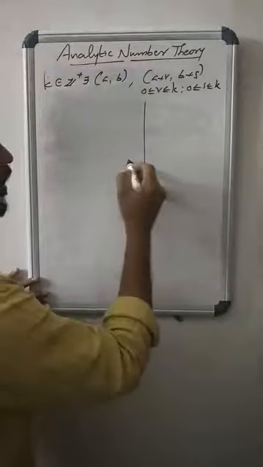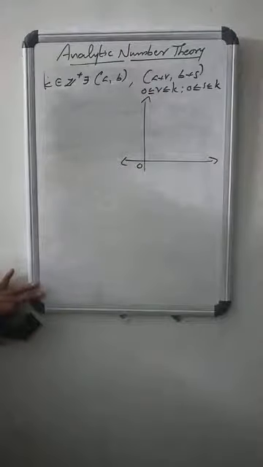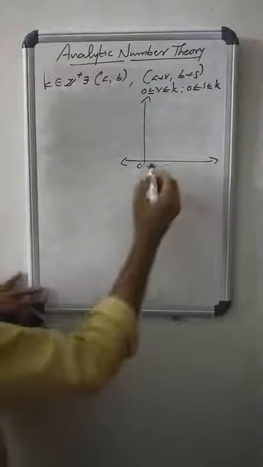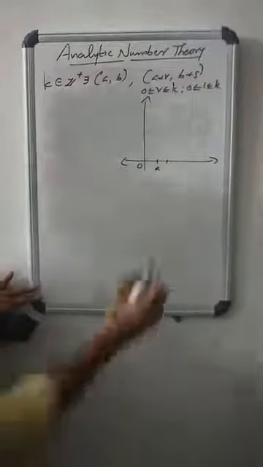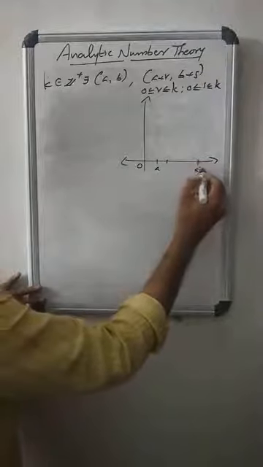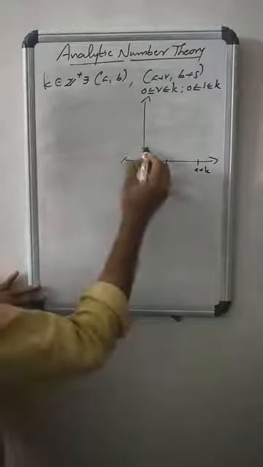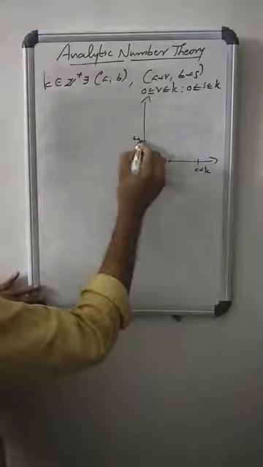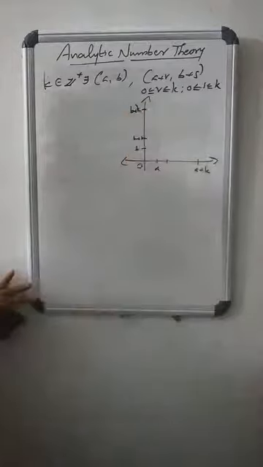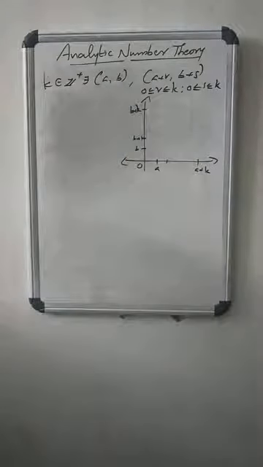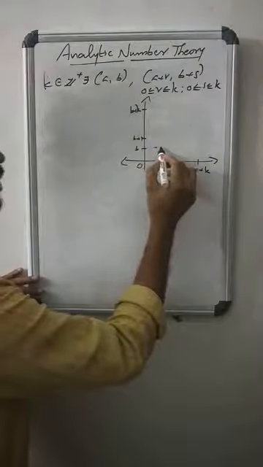Consider the origin, and suppose this is the point, and this is A plus 1, and so on, and this point is A plus k. This is the point B, then B plus 1, and so on. This is B plus k. So A plus k, B plus k. Consider this one.